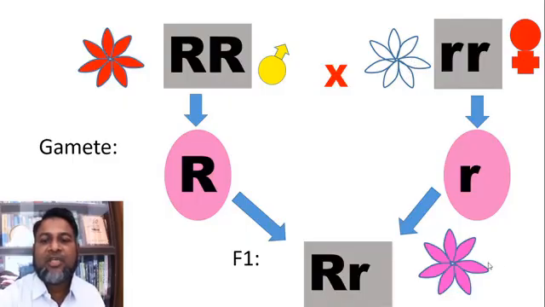So this is a deviation from Mendel's law, or an exception to Mendel's law, because here the dominant characteristic, red, is not expressed in the F1. Instead of red color, we found a pink flower.